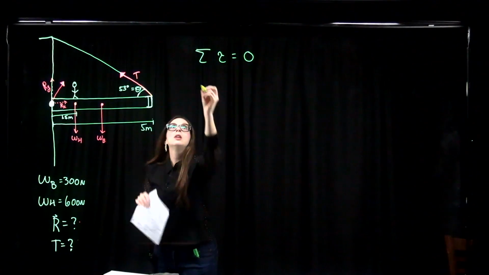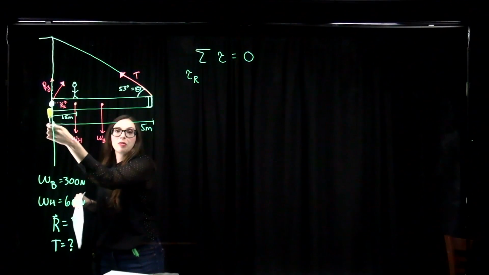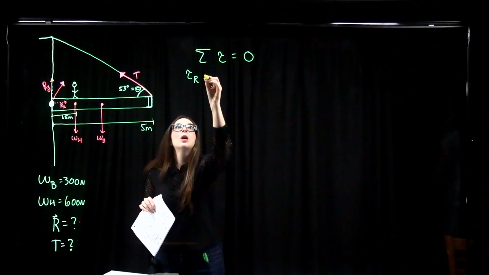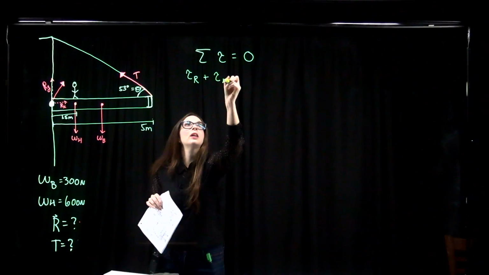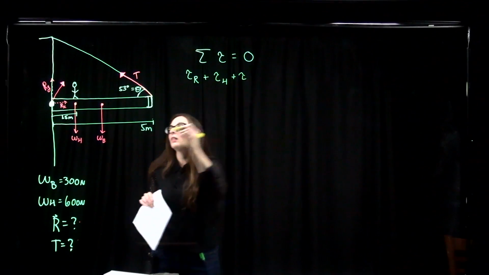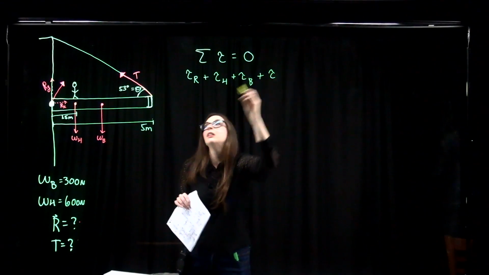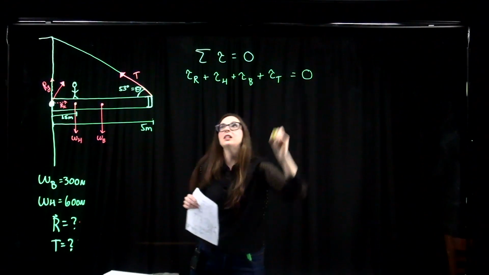We have the torque from the force that the wall is exerting on my beam, which I'm going to call tau sub R. We've got the torque from the weight of the person, tau human, plus the torque from the weight of the board, plus the torque from my cable, which we'll call tau sub T. That all has to equal 0.